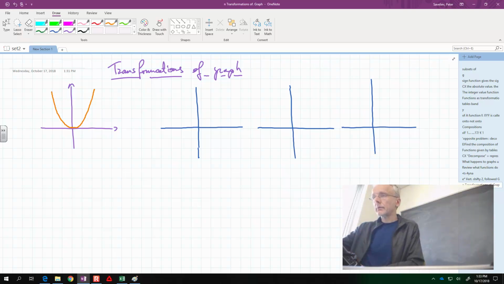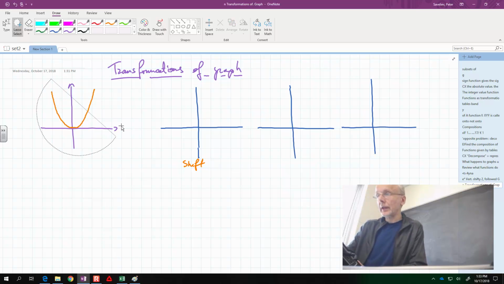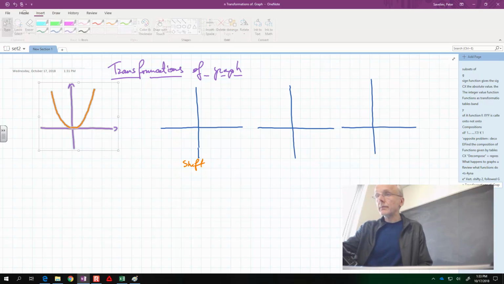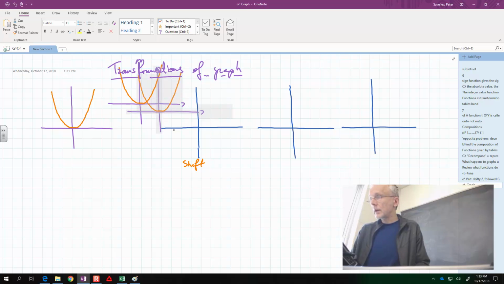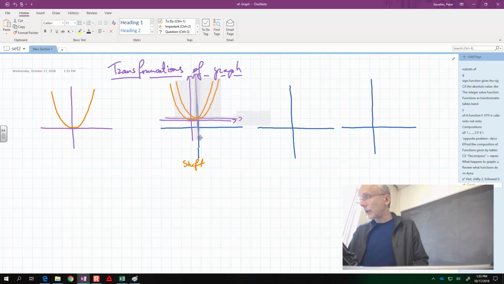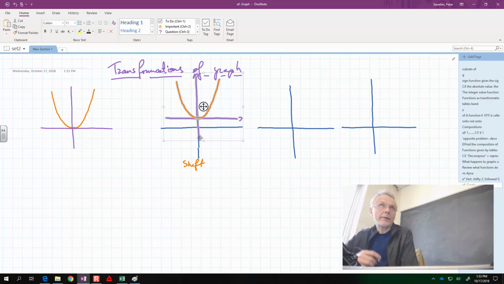Shift, uncomplicated. So shift up or down. The exact same shape. So I could just take it, copy, paste, and I'll just do what happened. Okay, and that's what I do. I just put the old picture over the new one. As you can see, the old axes are still visible, but the new ones too.